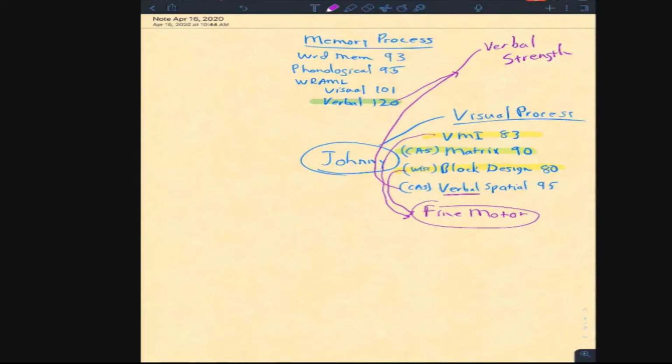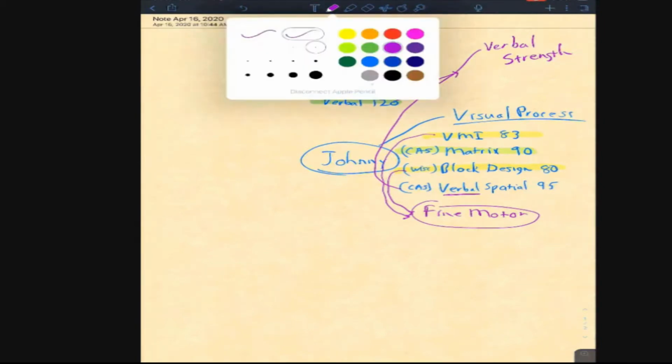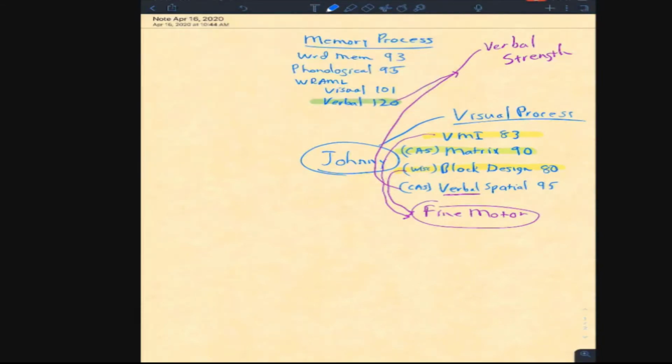Let's take a look at attention processing. Oh, I'm supposed to be drawing little lines here. There we go. This one gets interesting. On the BRIEF, we see that the attention score is at 80.